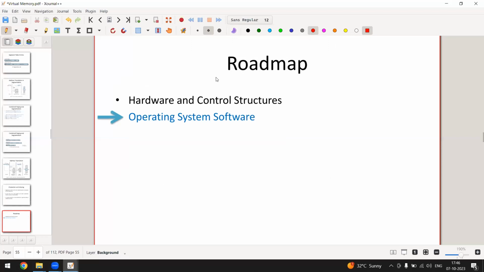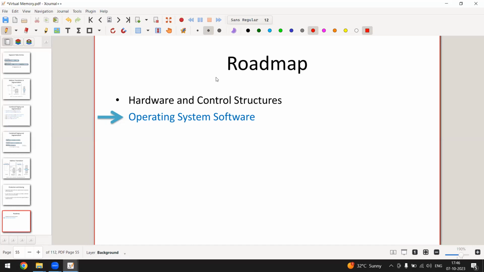So till now we have been discussing the hardware aspect mostly for virtual memory and the relevant concepts. All these things like page table and segment table are hardware related issues, and the operating system needs to depend on underlying hardware for the support of the particular features.